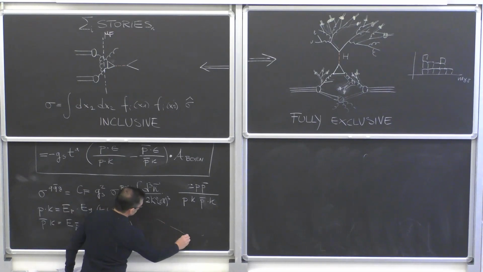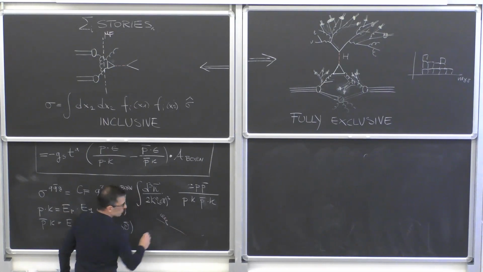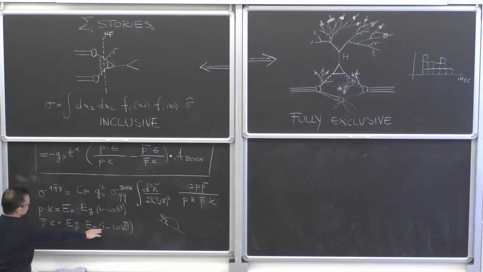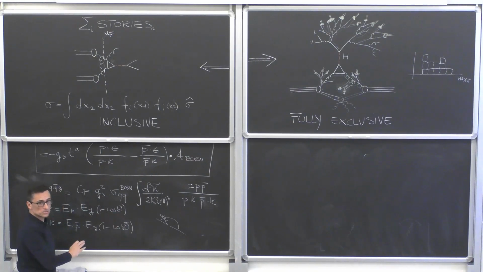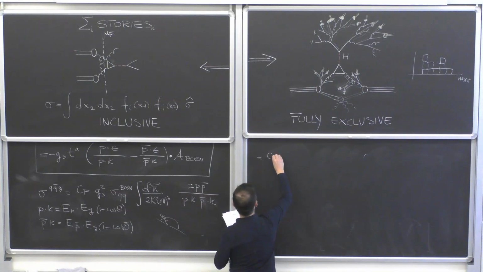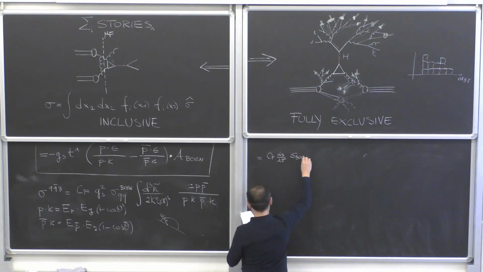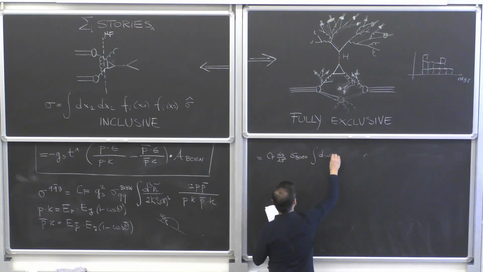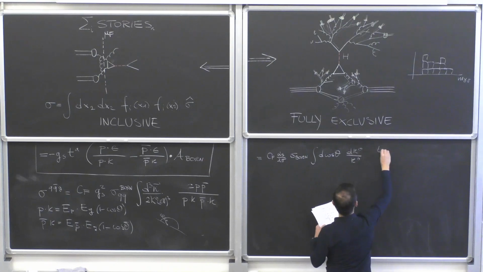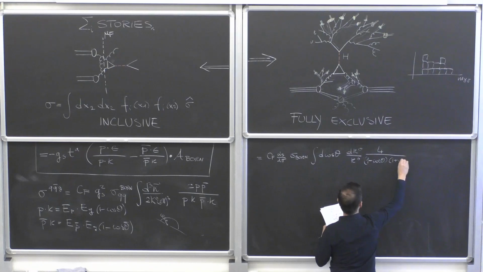If you have back to back in the center of mass frame, this angle is pi minus the other angle. So this one is actually 1 plus cos theta. So at the end I get C_F alpha_S over 2 pi sigma Born, d cos theta d k0, over 1 minus cos theta, 1 plus cos theta.